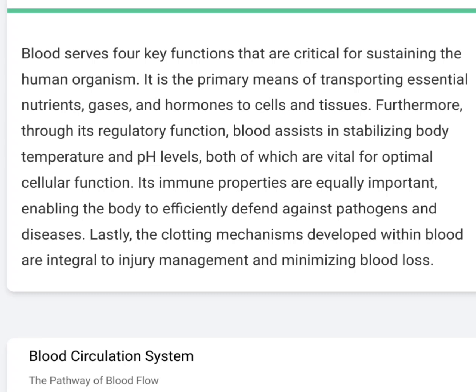Its immune properties are equally important, enabling the body to efficiently defend against pathogens and diseases. Lastly, the clotting mechanisms within the blood are integral to injury management and minimizing blood loss.